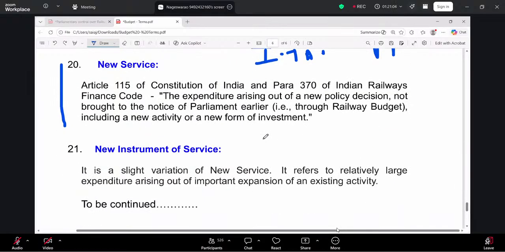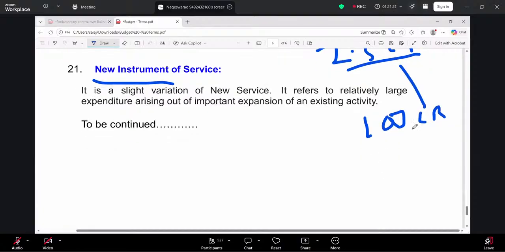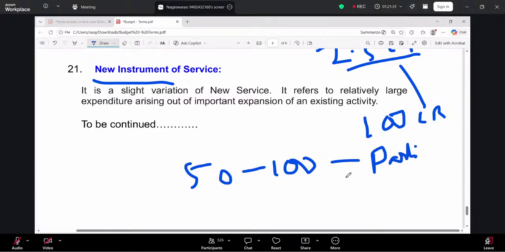Okay. Then what is a new instrument of service? Previously the limit was only 2.5 crores. Now it has been increased to 100 crores recently. But they put one condition while increasing from 50 to 100 crores: inform the Parliament, just inform, not approve.